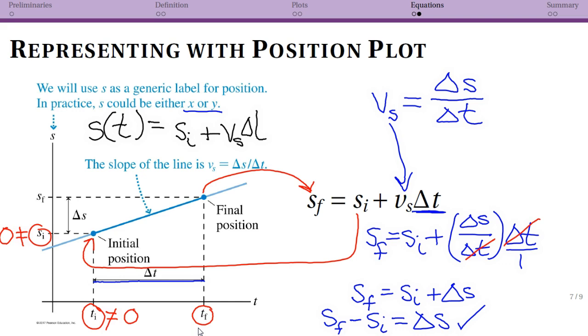Now I am going to call this delta t here, but in this case this is kind of a continuous variable, that whatever point I want in time could correspond to the delta time here. Again, you wouldn't just want to call this t, this is t final minus t initial, so we could write this in a little more clear manner.